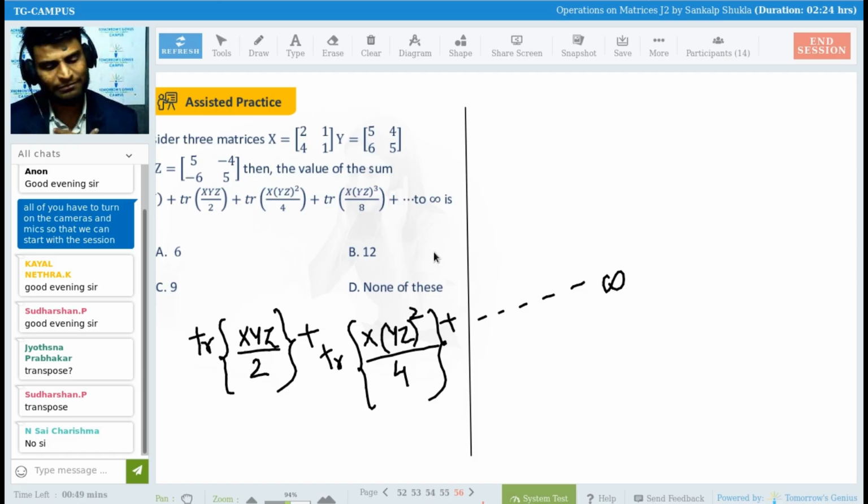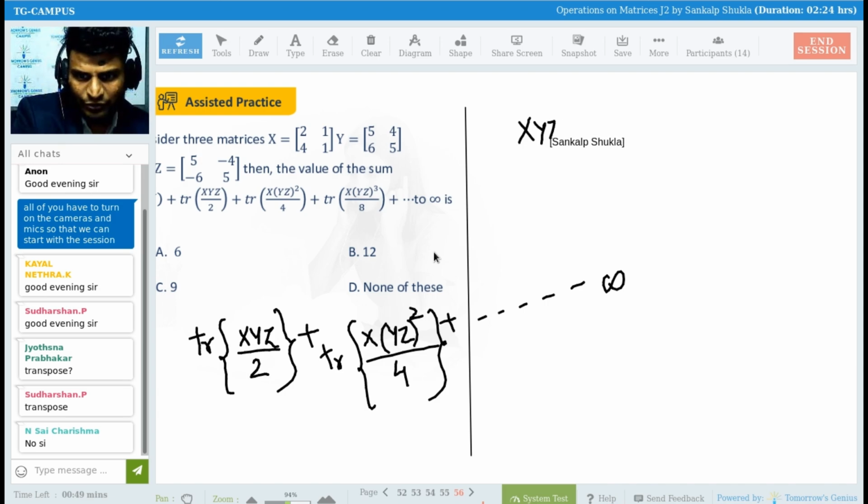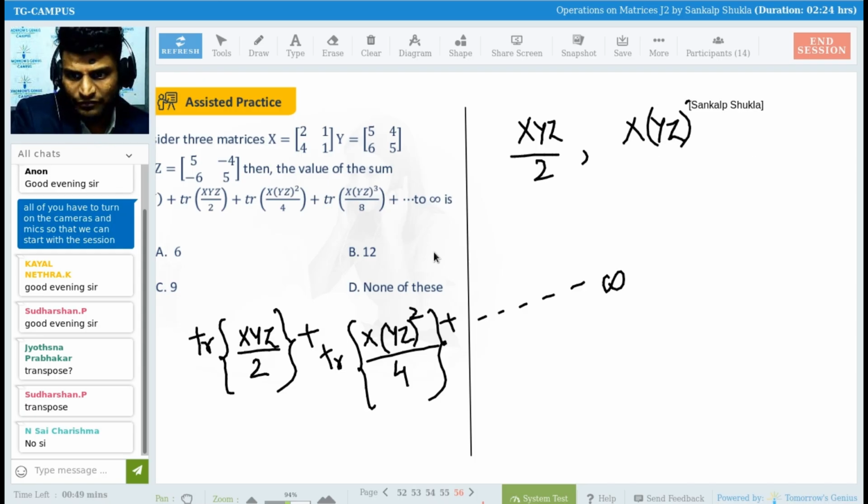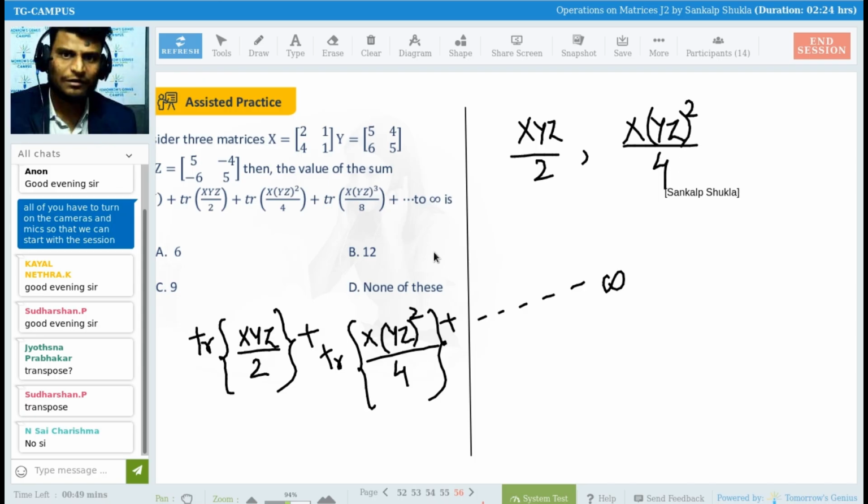No. So what my mind says is, in this question, I can clearly see that this is not up to the mark, because this is not the way to solve such kind of questions. But yes, I can observe a pattern. Like XYZ over 2 is there. Another term is XYZ square over 4.